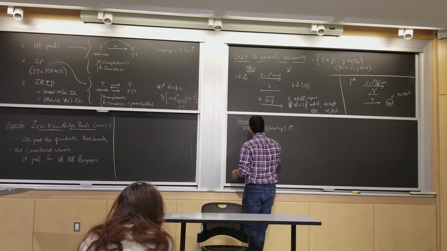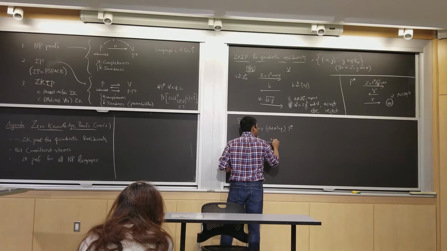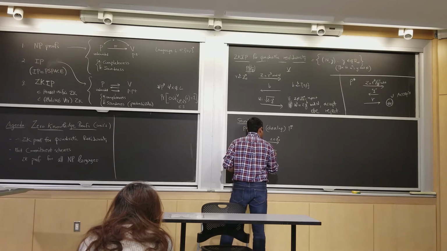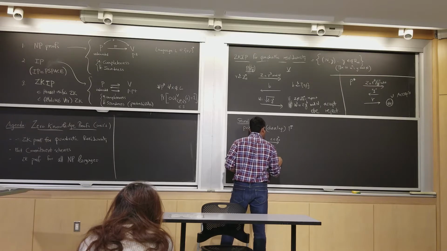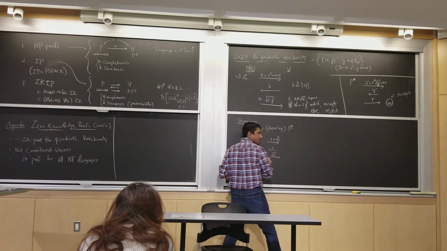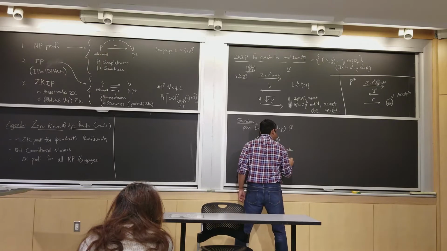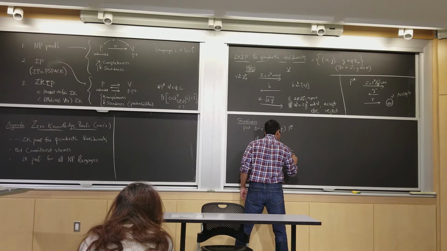So P star sends some Z, guaranteed to be in Zn star. He produces the right answer on 0, which is basically a square root of Z. Yes, it has to be. And he also manages to produce the right answer on 1, which is a square root of Z times Y.